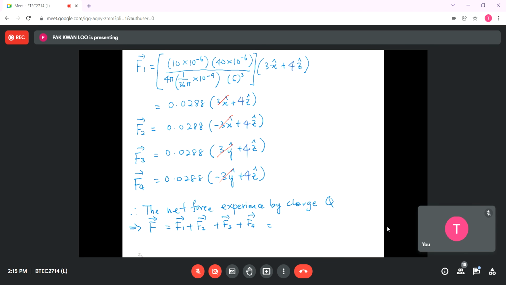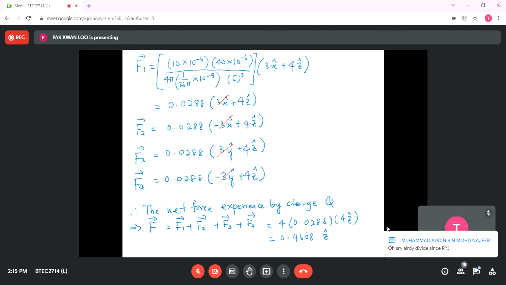So this gives us 1, 2, 3, 4, so it's 4 times 0.0288 multiplied with 4z, which gives us 0.46 z cap. So the net force is pointing in the direction of z.